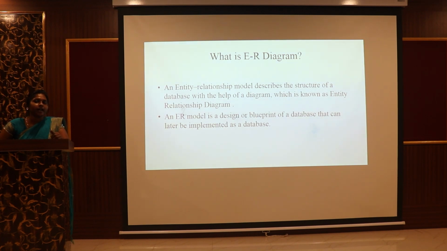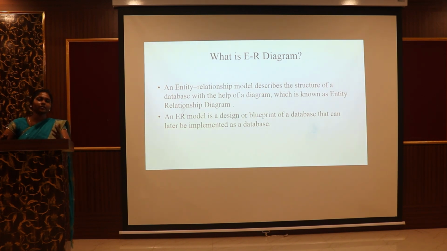Similar to that, an ER diagram is a graphical or diagrammatic representation of how the data is stored in the database. That is called an ER diagram. So we can say the ER model is a design or a blueprint of the database that can be implemented as a database.